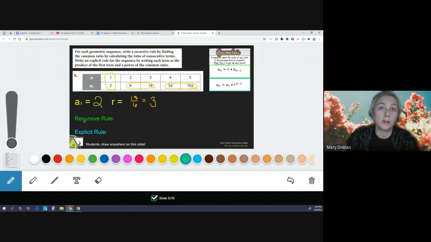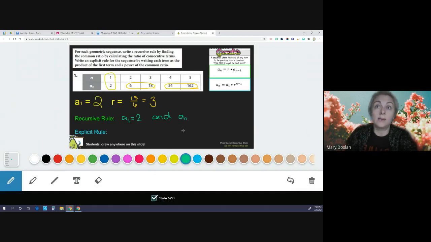So when it's a recursive rule, we have to define the first term in the sequence. And we did that. We know it's this. A sub 1 is 2. So I'm going to write that: a sub 1 equals 2. All right, so that's the first thing you have to do. And the second thing is the general form. So a sub n.